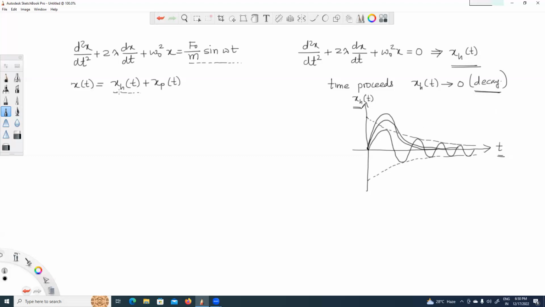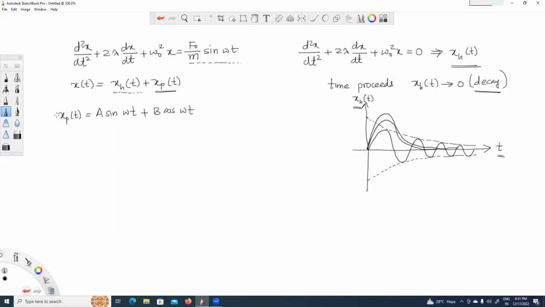We know this homogeneous solution, and to find the particular solution we have to use the forcing function itself. The particular solution depends on the forcing function, which is periodic in nature. It is a sine, so for a sinusoidal forcing function we take the particular solution in the form x_p = a sin ωt + b cos ωt.